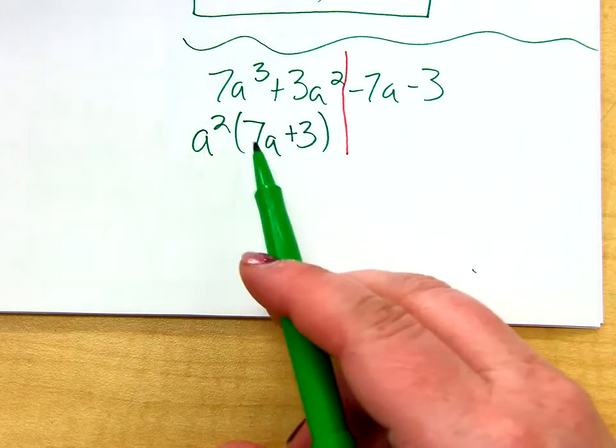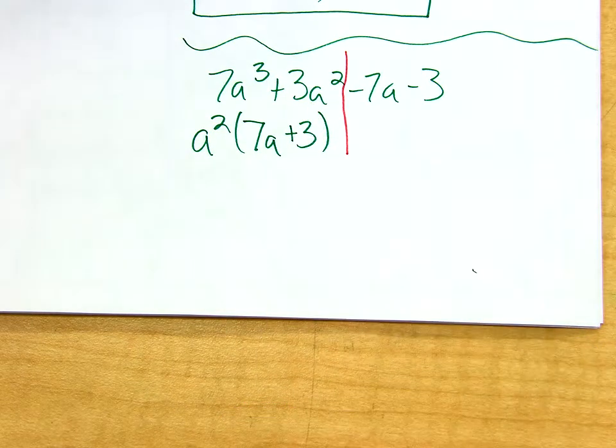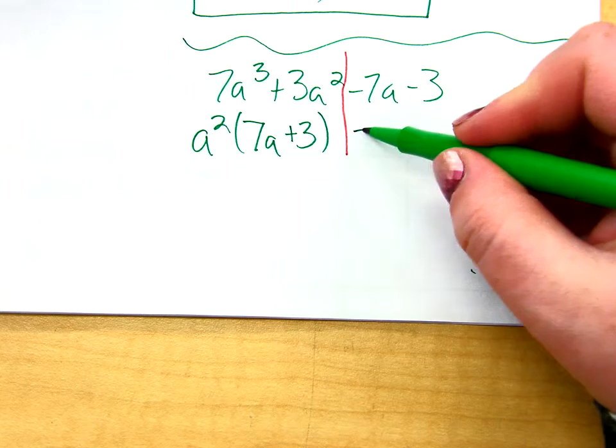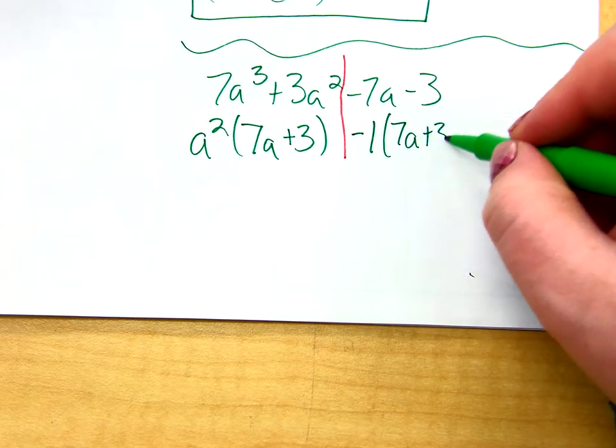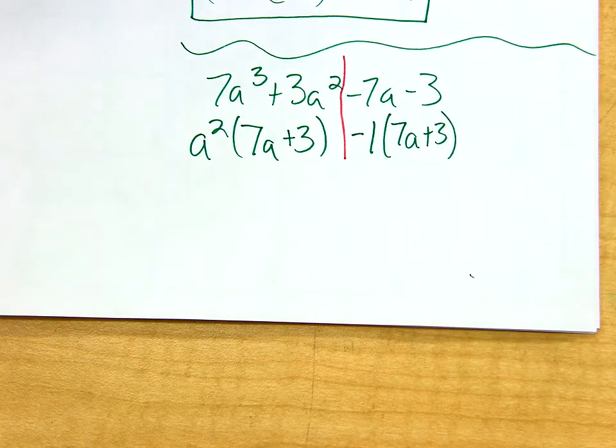You can always distribute that back in to double check yourself to make sure that you get right back there. What do you do on the right hand side? You're going to take out a negative 1. If I take out a negative 1, won't I be left with 7a plus 3, which is exactly my goal? I want those parentheses to match.